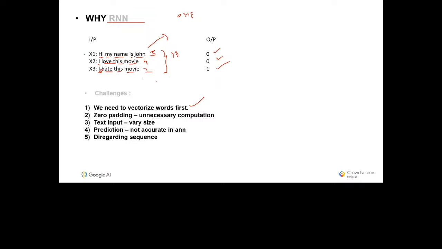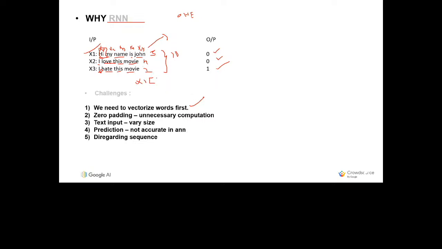So how do we represent this now? If I want to represent my statement x1 in vector format, I name the words 1, 2, 4, 5, and we work with this one first. We pass one word at a time in RNN.